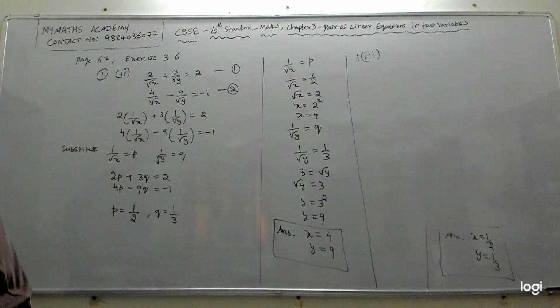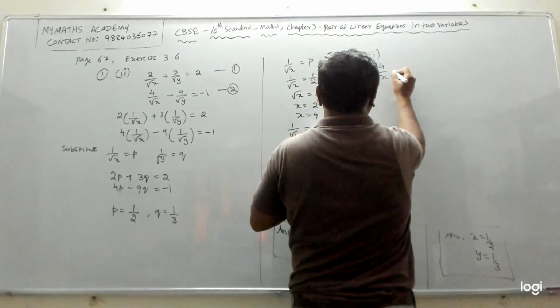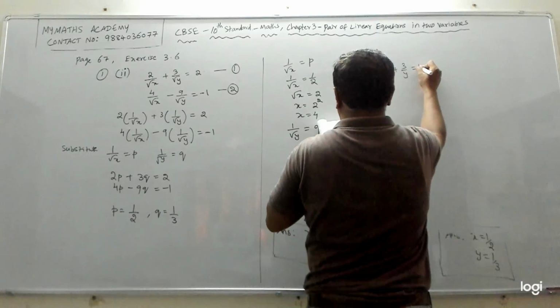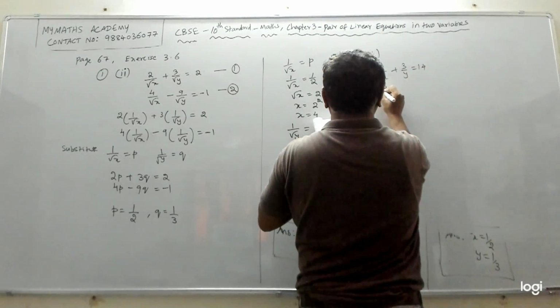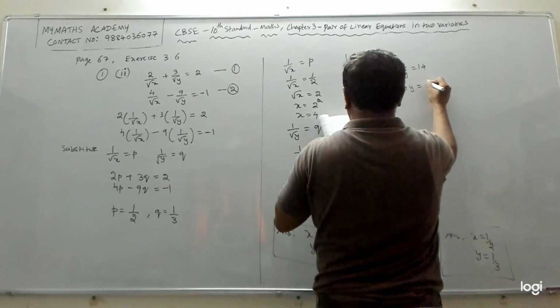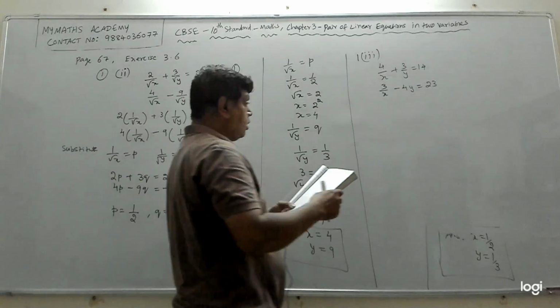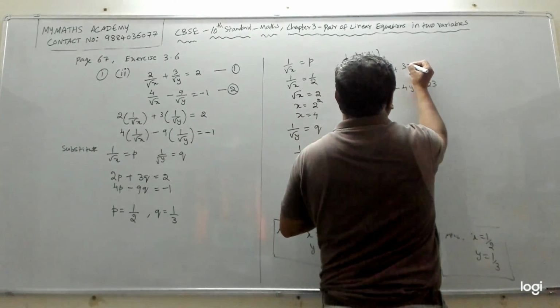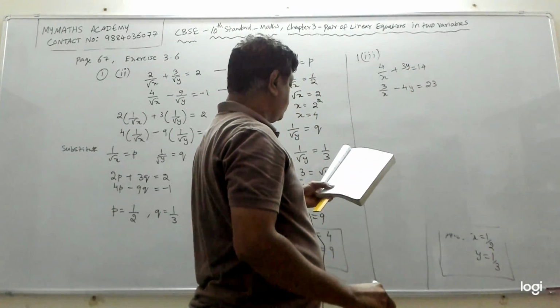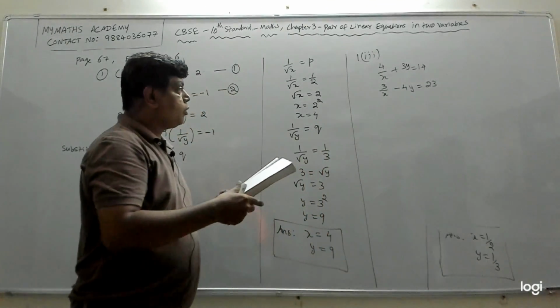Question is 4 by x plus 3y equal to 14, then 3 by x minus 4y equal to 23. Sorry, this is 3y, not 3 by y. It's 3y. Right? 4 by x plus 3y equal to 14. 3 by x minus 4y equal to 23.